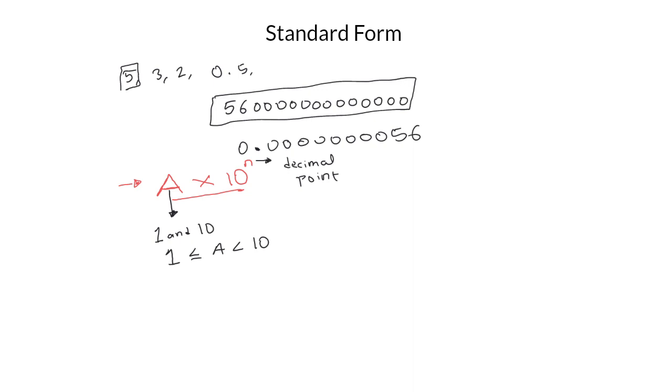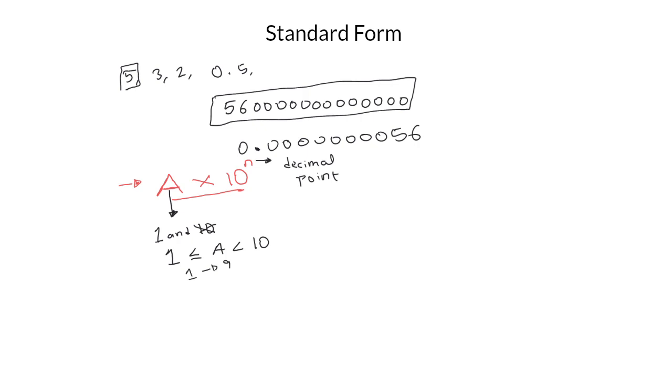When we say it is between 1 and 10, we're just saying that the number cannot be equal to 10. It's just a number between 1 to 9. Okay? A can be 1, A can be 2, A can be 3, A can be 4, A can be 5, A can be 6, A can be 7, A can be 8, A can be 9.